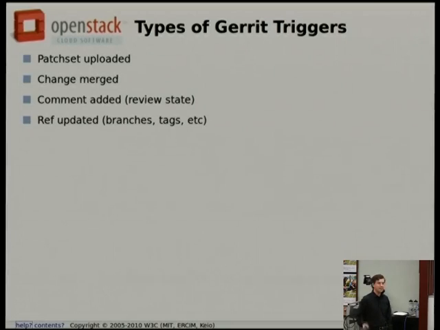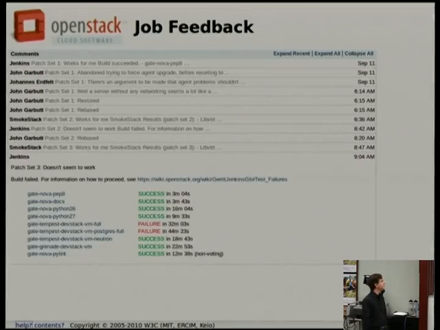And finally, if somebody pushes a tag or if any of the branch refs in Git are updated, it emits events for that as well. So we can use all of these, and Zuul or even other systems can perform actions based on those.